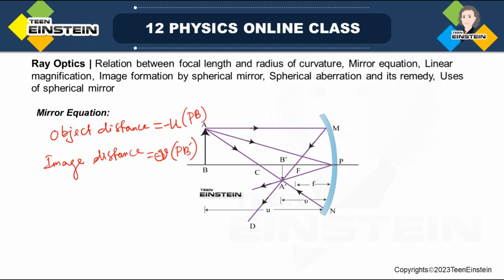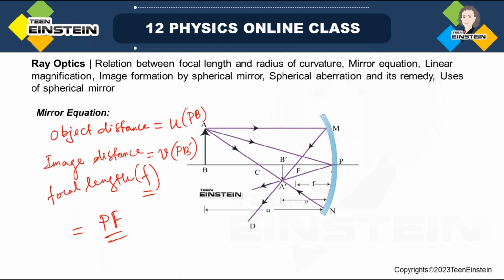When we do the numerical problems, I'll tell you how to take the signs of the distances. Focal length is denoted by f, and in this case it is PF. This is the focal length.